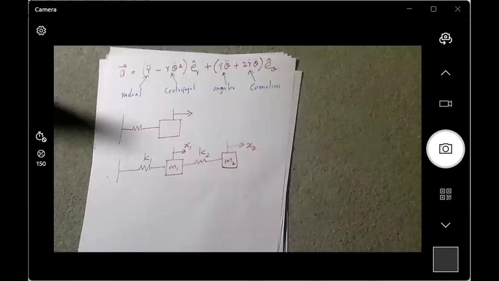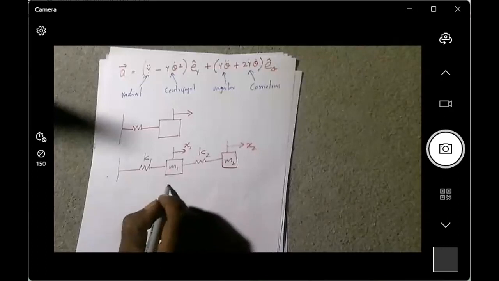Now here what we're going to do is, since these two show 2 different motions, we are going to write 2 equations, one for M1 and the other one for M2, and we are going to stick with the same notations.